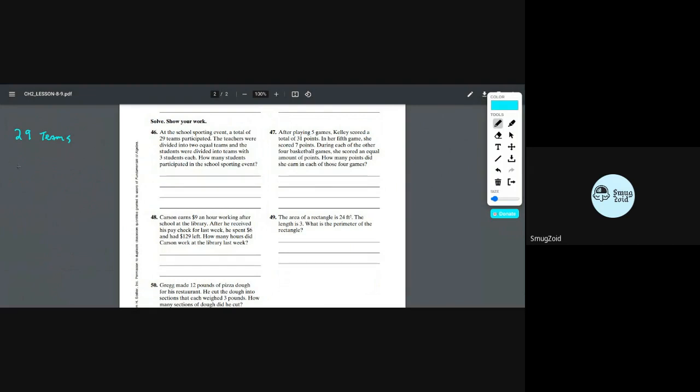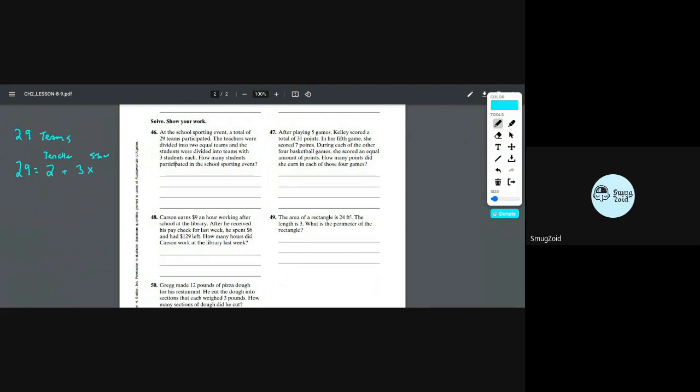So 29 teams, 29 equals, there's 2 teacher teams, right? 2 teacher teams. This is my teacher team, right? Plus 3, and we don't know how many student teams. We'll put students. We're in groups of 3, so we're just going to put X, right?